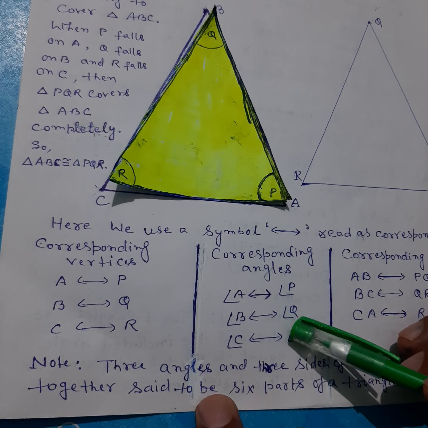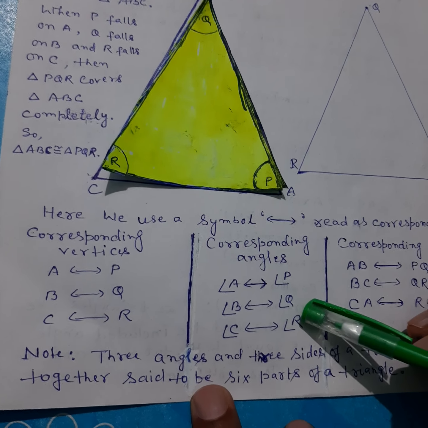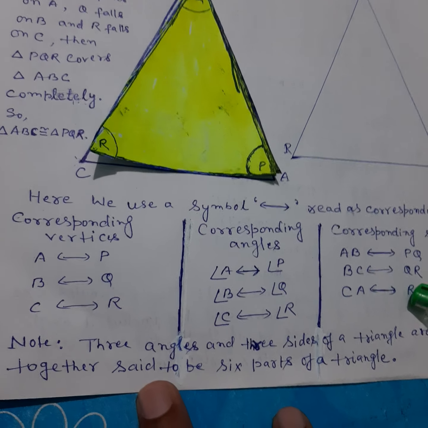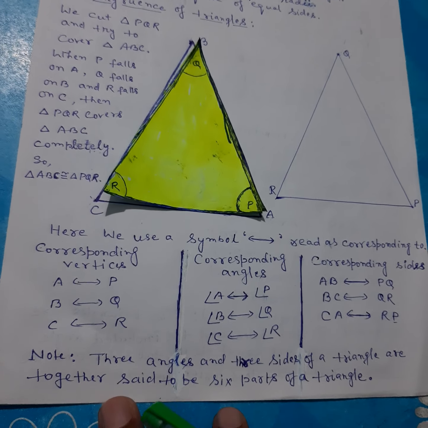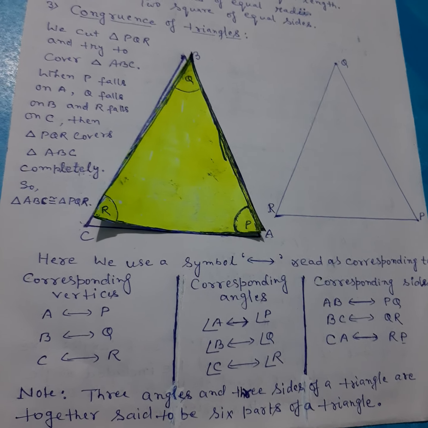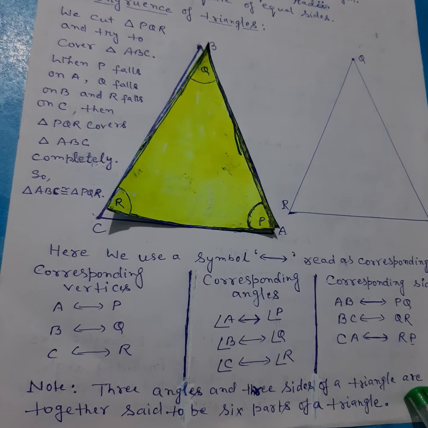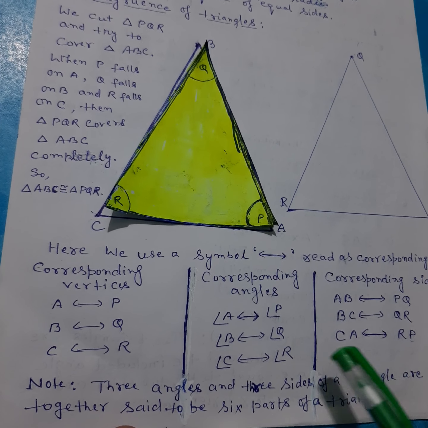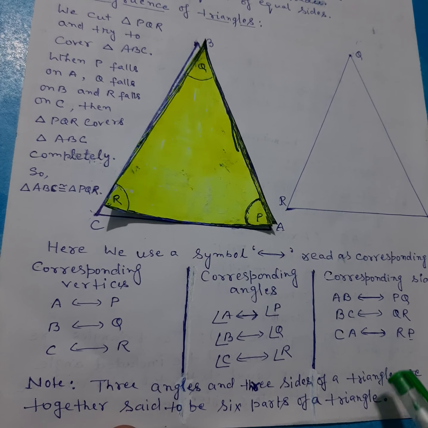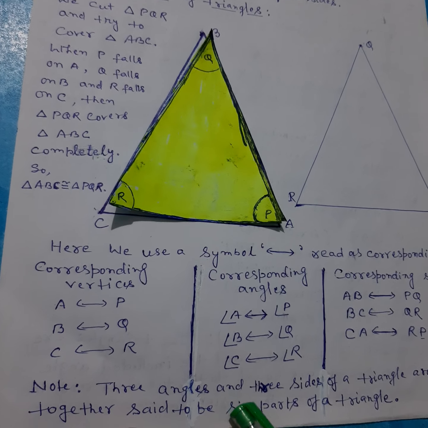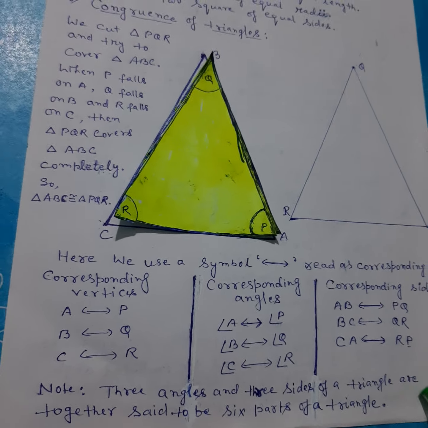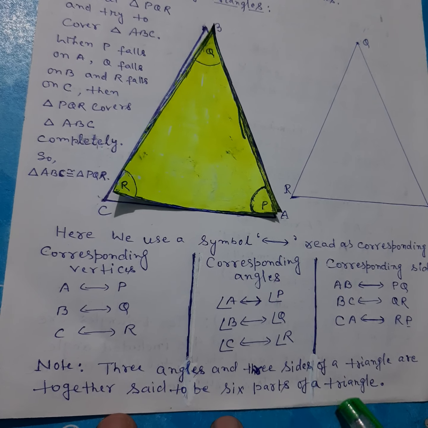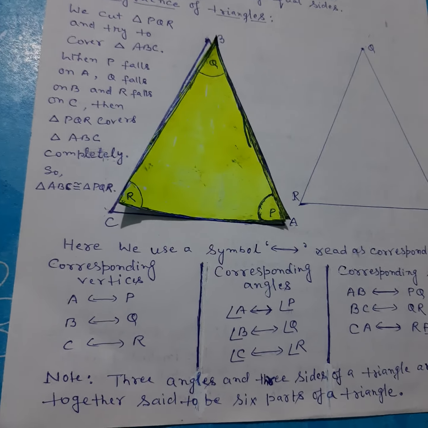We don't always discuss angles and sides separately. We generally use sides and angles, both as parts of a triangle. The three angles and the three sides of a triangle are together said to be the six parts of the triangle.